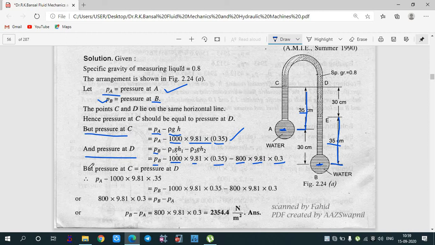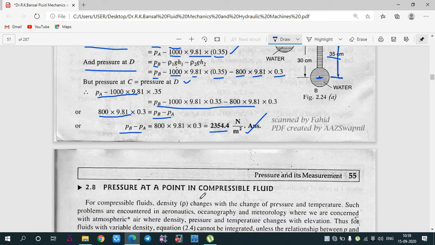Now we will equate the pressure at C and pressure at D. So this is the value of pressure at C, this is the value of pressure at D. Now we will put PA on this side and all the other values on the left hand side. So PB minus PA, after solving all this we get 2354.4 Newton per meter square. This you need to calculate in your calculator.